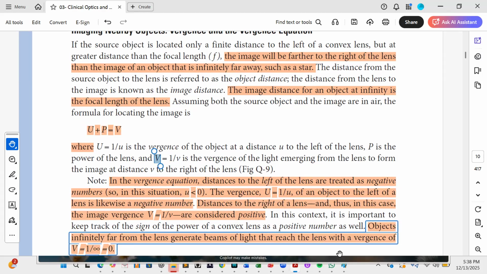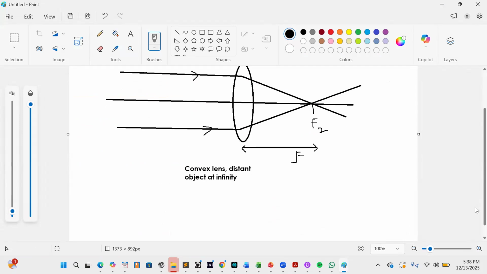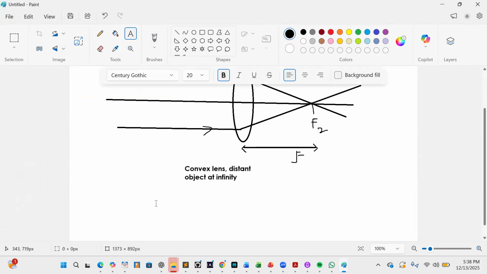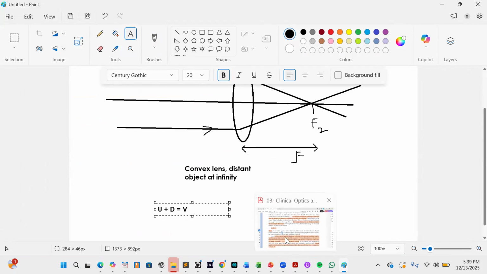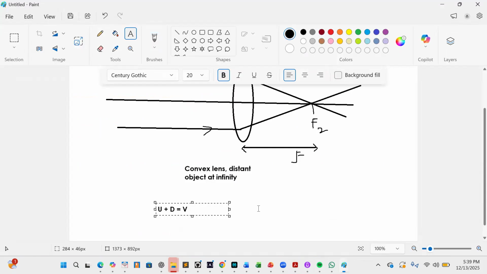So you should take note of the formula, that is U plus P, some use D, some use whatever, equals V. We use U plus D equals V, or what they use as P down here, so use plus P. Some use F, so U plus P equals V. That's the formula for calculating the distance.